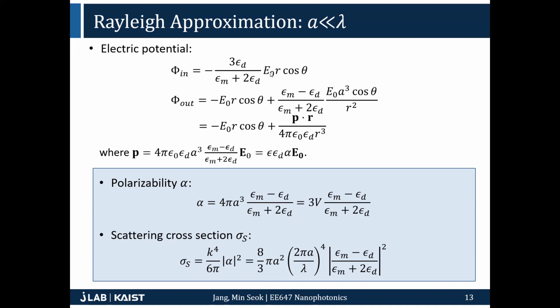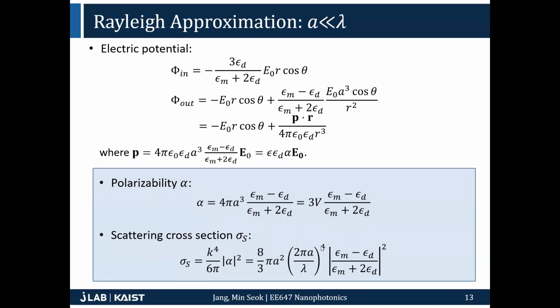For instance, inside the particle you have only one term, and outside the particle you have two terms. The one on the left is the incident wave, and the one on the right is the scattered wave, which has the form of a dipolar field. From that, we can obtain the dipole moment of the particle due to the applied electric field. By taking the ratio of these two, you obtain the polarizability, and from the polarizability, you obtain the scattering cross-section.